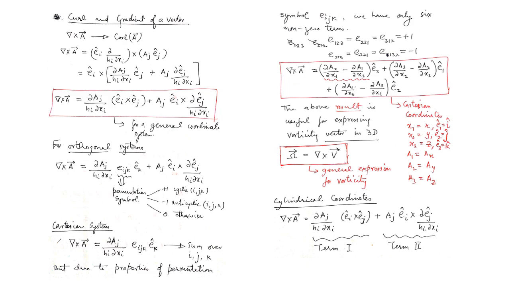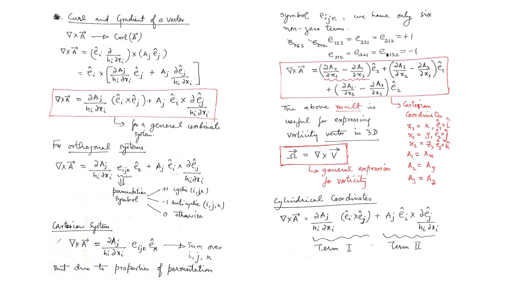I'll get only 6 terms, so I have directly written for these 6 indices only. That means the 3 cyclic ones, 1, 2, 3, 2, 3, 1 and 3, 1, 2, and then anticyclic ones, 2, 1, 3, 3, 2, 1 and 1, 3, 2. And so this is the result for del cross A.